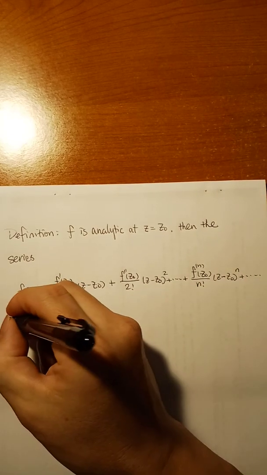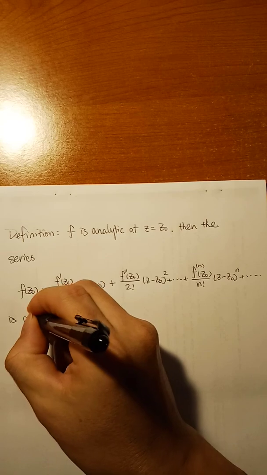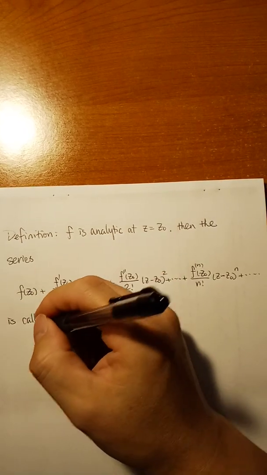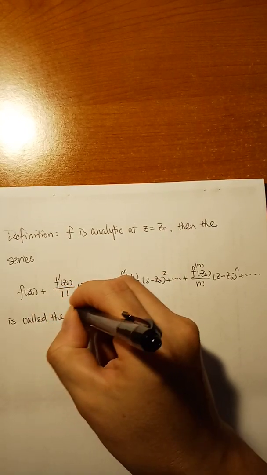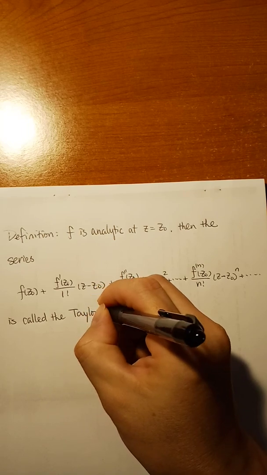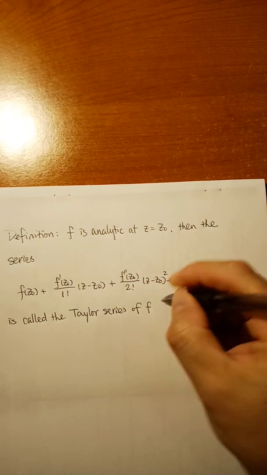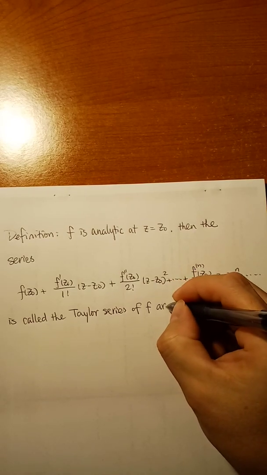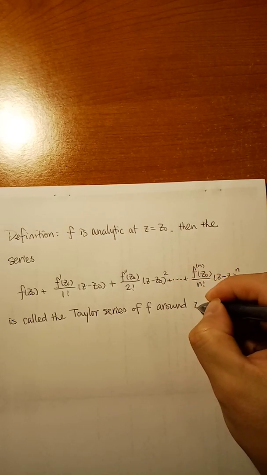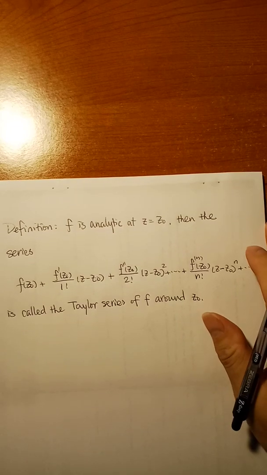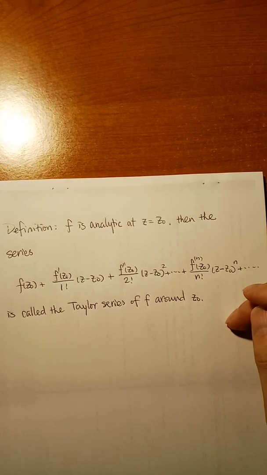And this is called the Taylor series of f around z0. Okay, so that's the definition we discussed last time.